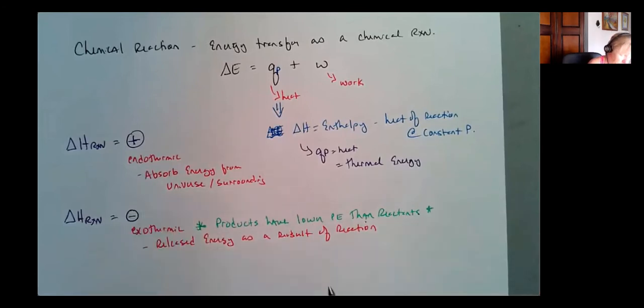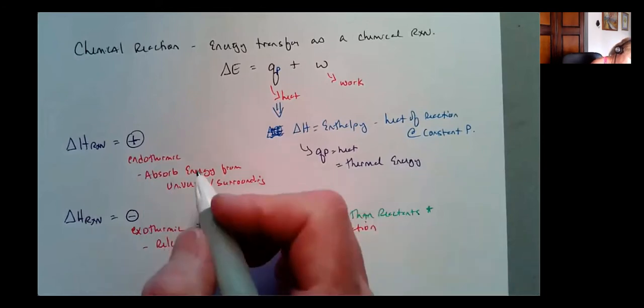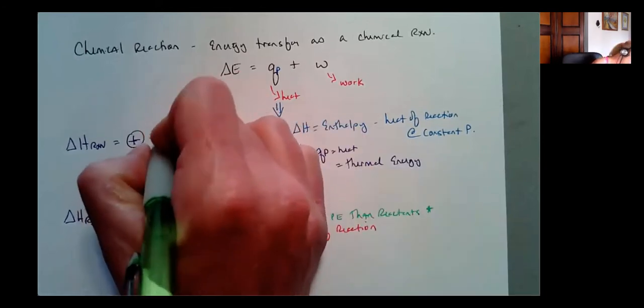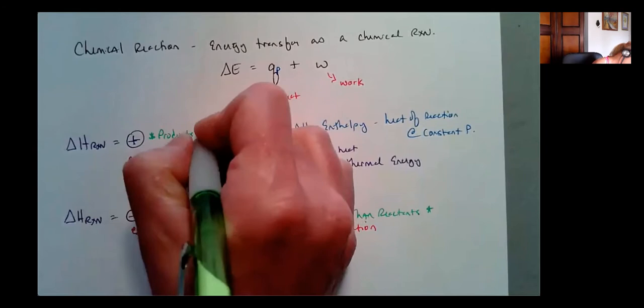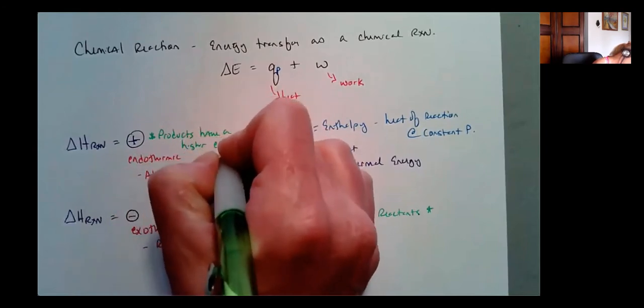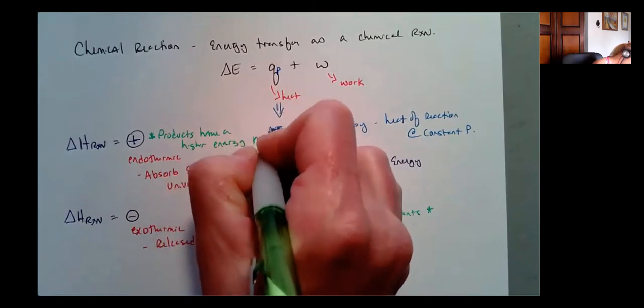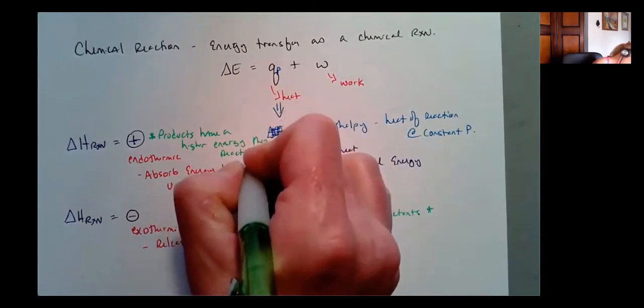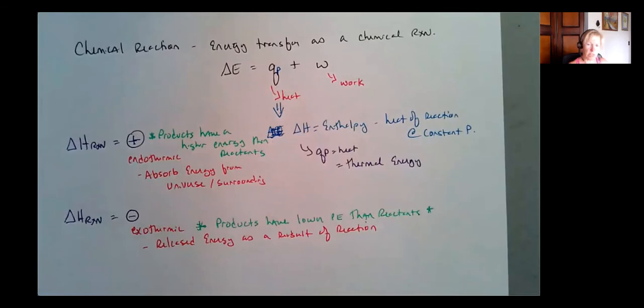Conversely, for a positive value in endothermic, now my products have a higher energy than the reactants, because the whole thing has absorbed energy. Energy has gone into that system.